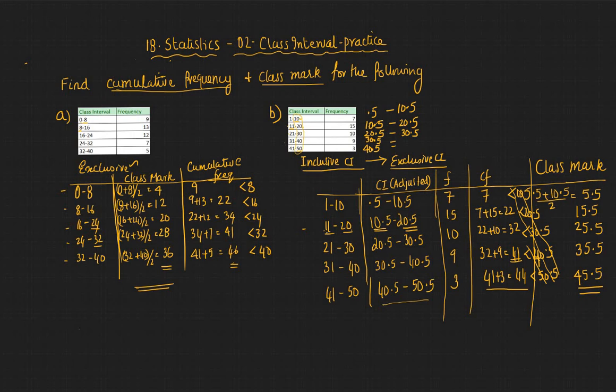So 20 plus 11 is 31, divided by 2 is 15.5, 10.5 plus 20.5 is again 31, divided by 2 is 15.5. So our class mark does not change due to our adjustment.